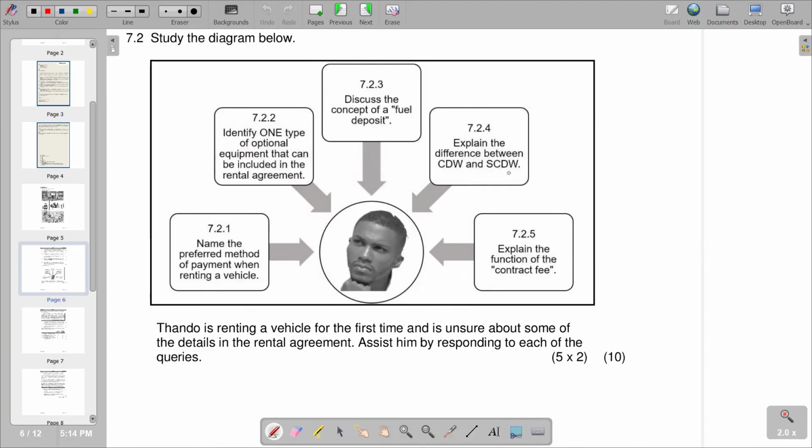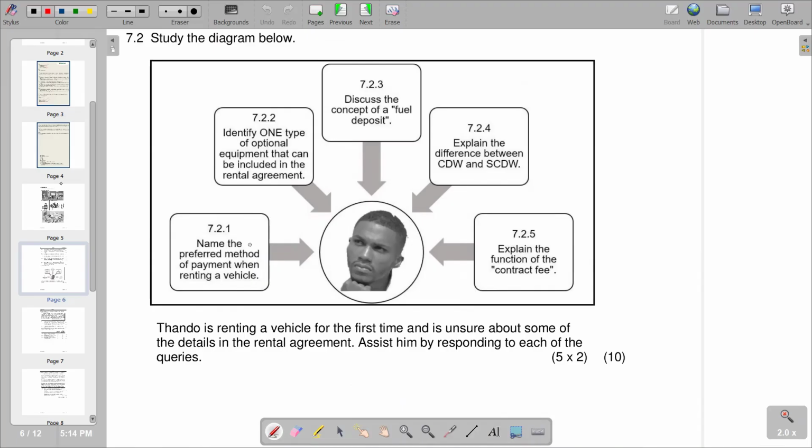Remember, CDW stands for collision damage waiver, and SCDW stands for super collision damage waiver. So obviously, we are going to see that the amount paid for SCDW is going to be more than the CDW.